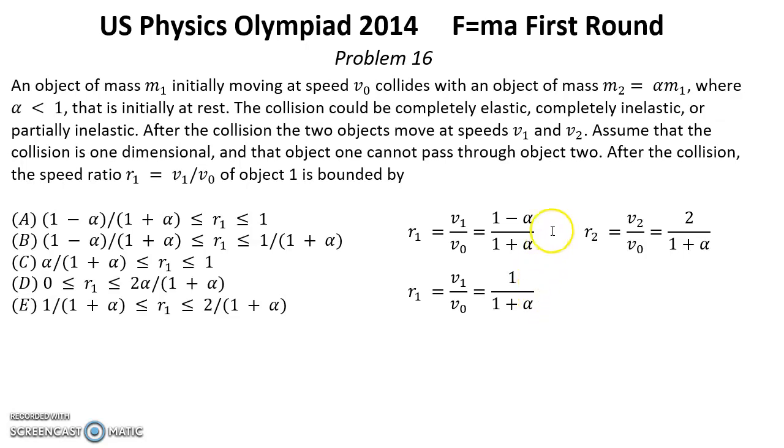It means that in case of an absolutely elastic collision, the first object is moving with the minimum speed, and in case of an absolutely inelastic collision, this first object is moving with the maximum possible speed. So from these conclusions we can find that the correct inequality will be r1 between this one and this one, which is answer B.